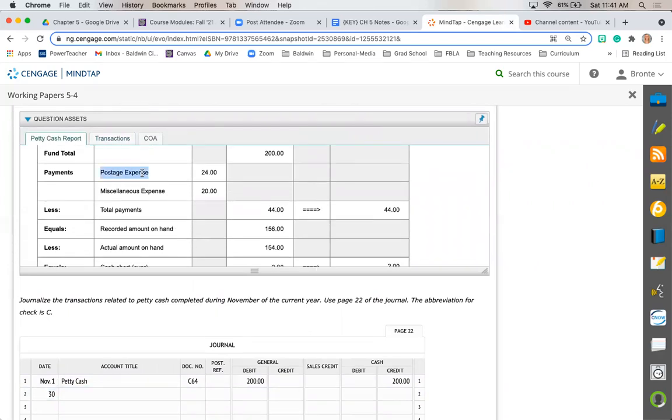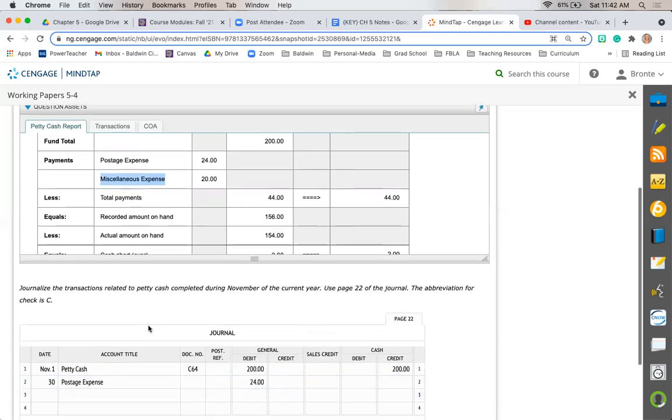And our first account is going to be postage expense. And that was for $24. Our second account is going to be miscellaneous expense. And that was for $20.